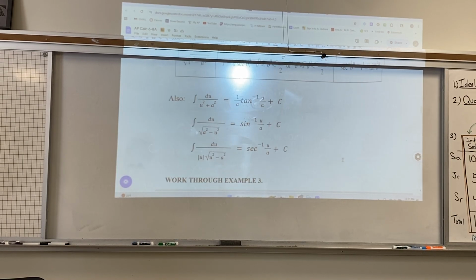We've also got these for inverse. These are the ones people really hate, because you never think of inverse. But we're going to do one, maybe two.